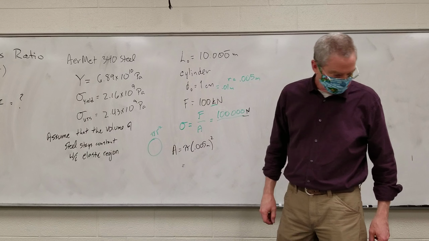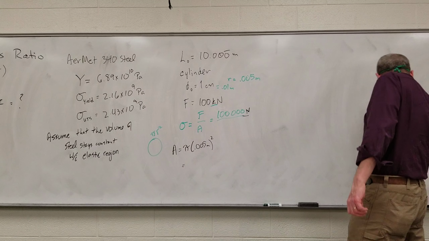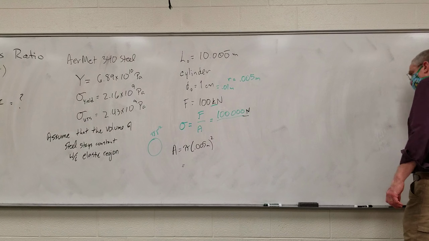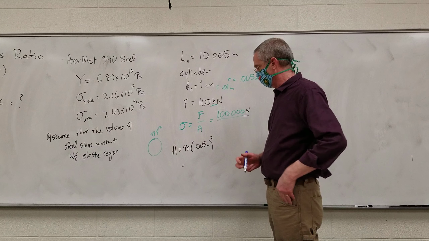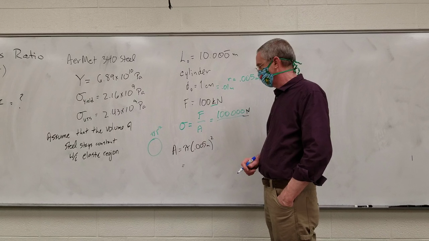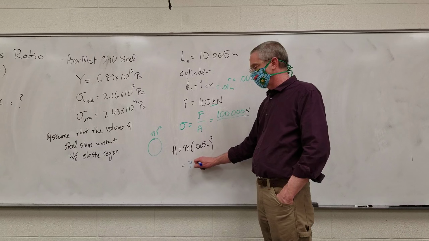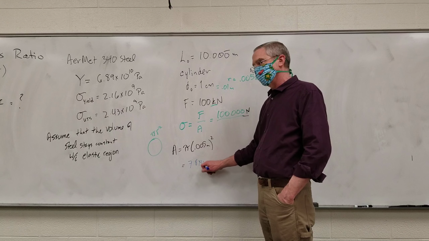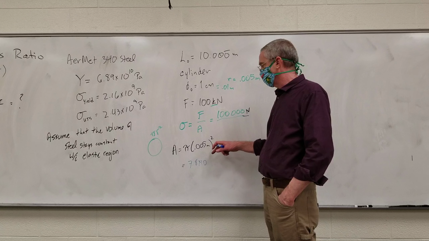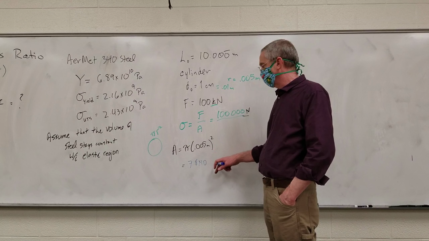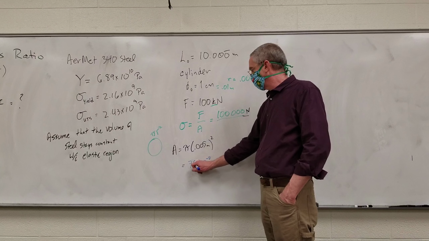And what is this? 7.85 times 10 to the negative 7 meters squared.